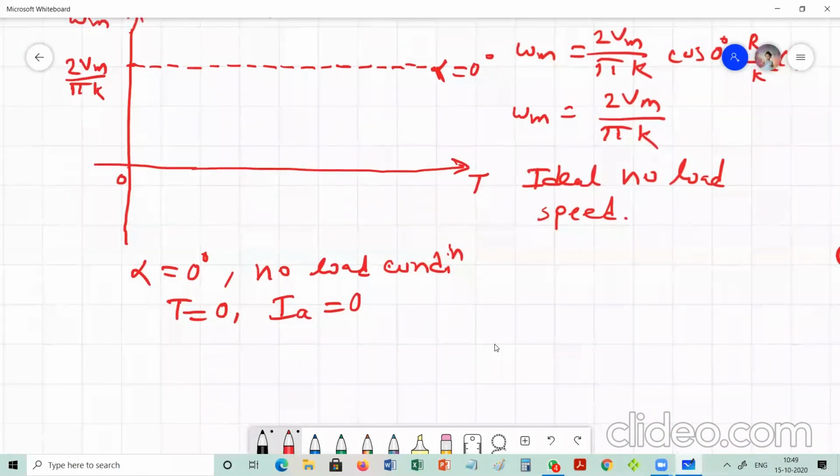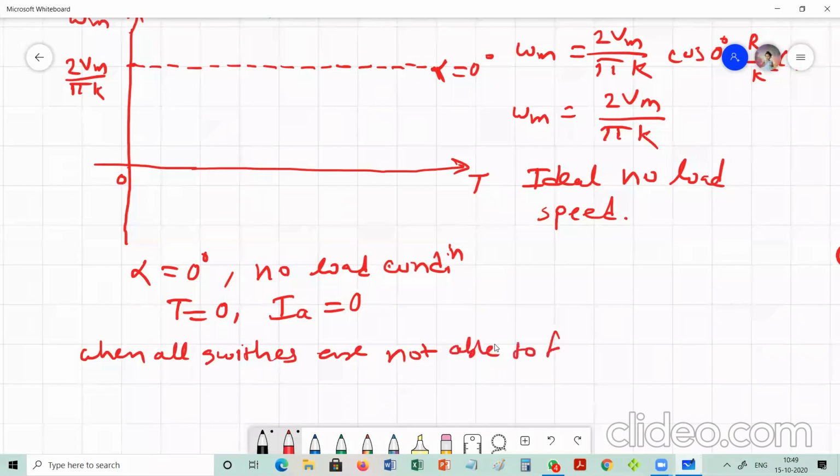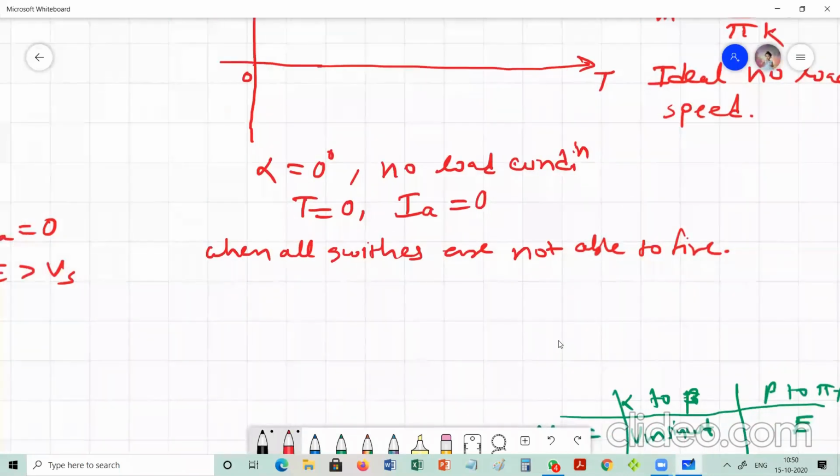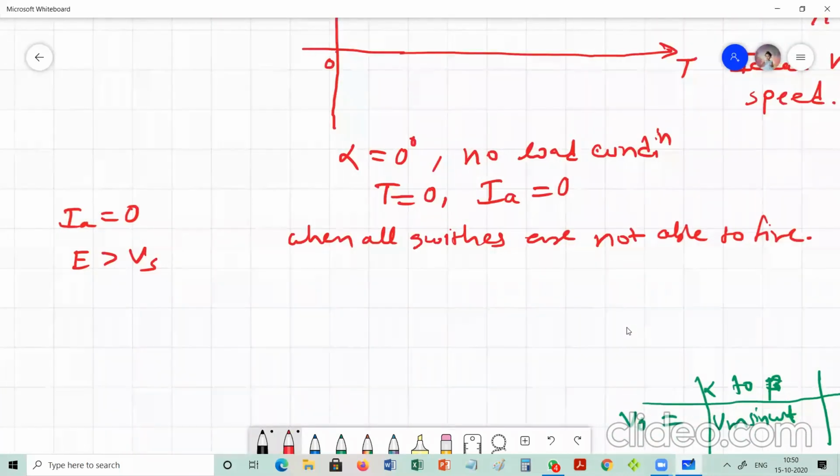So Ia is equal to 0 when all switches are not fired or not able to fire. In that case only Ia is equal to 0. When all switches are not fired or not able to fire, then only Ia will be 0.